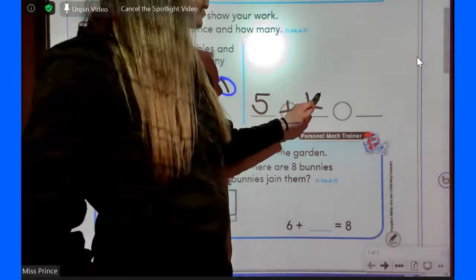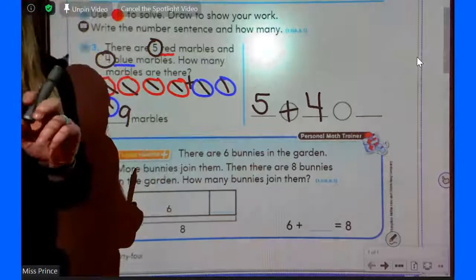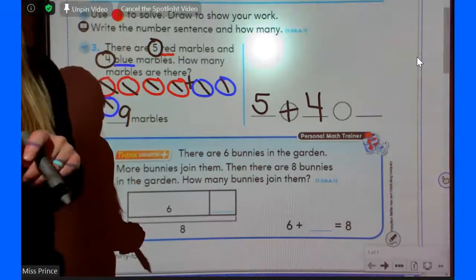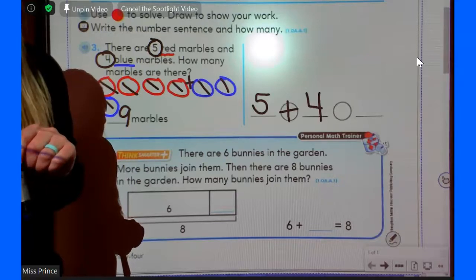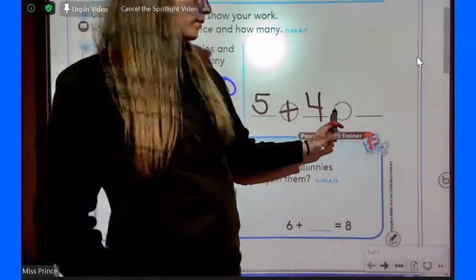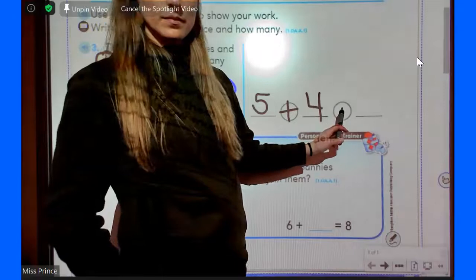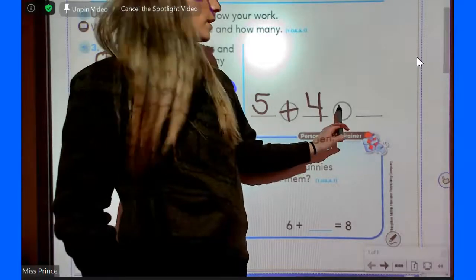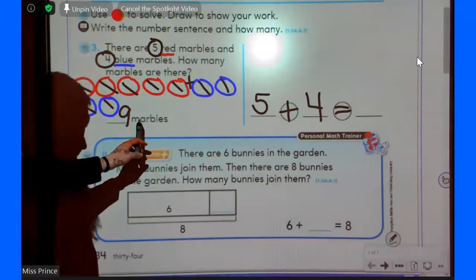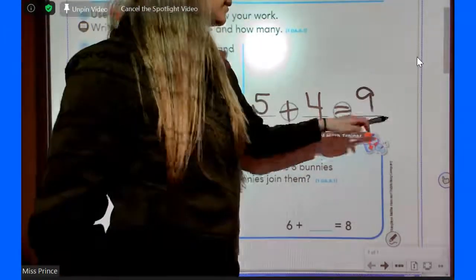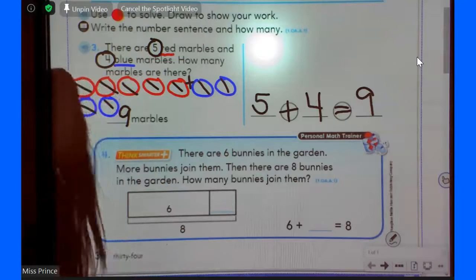And then what symbol do I need? Equals, and we know what it equals because we solved it over here. Equals 9. Check your work, make sure your paper looks like mine.